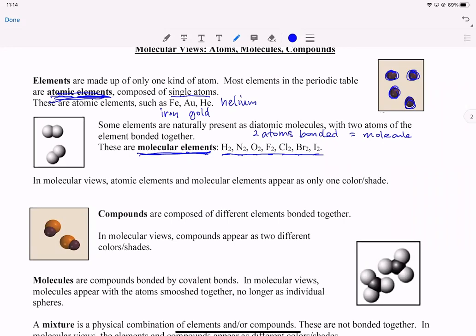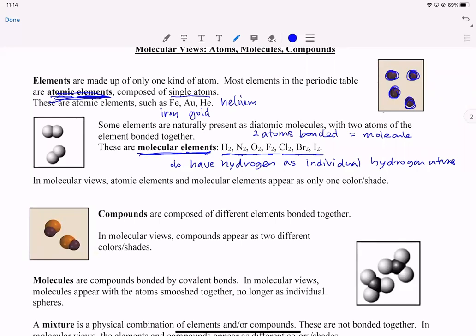So that means that you do have hydrogen as individual atoms, but those individual hydrogen atoms don't exist naturally when there are other individual hydrogen atoms around. If there are little hydrogen atoms around, they will choose to bond together.